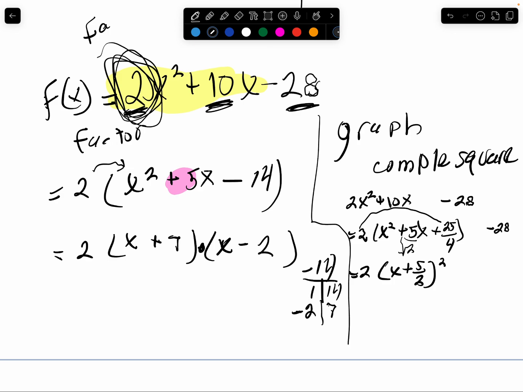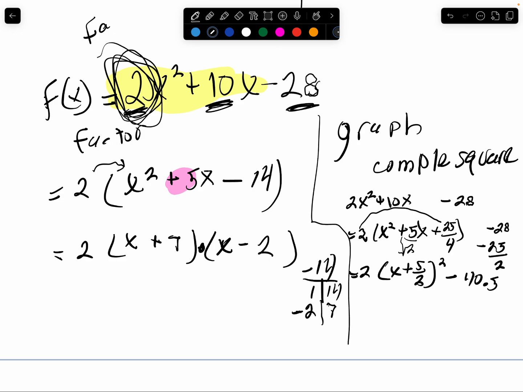We added 25 over 2, so we have to take off 25 over 2, whatever that is, and you can do that yourself and get some decimal. Negative 28, take away another 25 over 2. 12.5 is, 40.5. Is that right? I don't know. Double check me on your calculator.